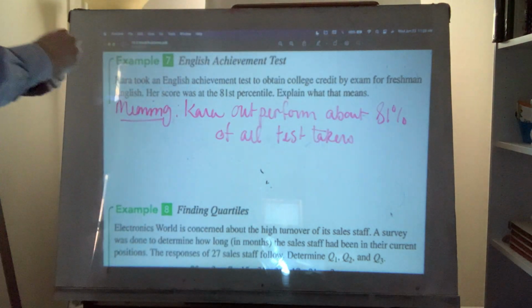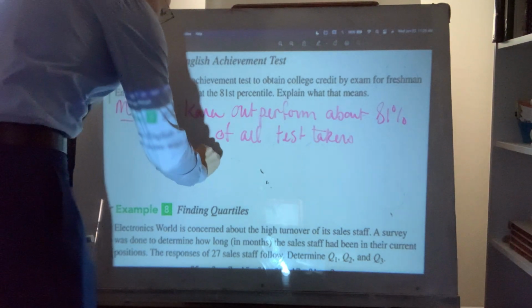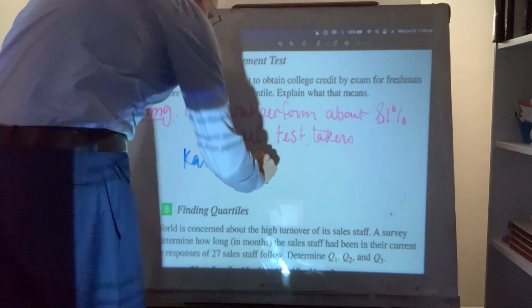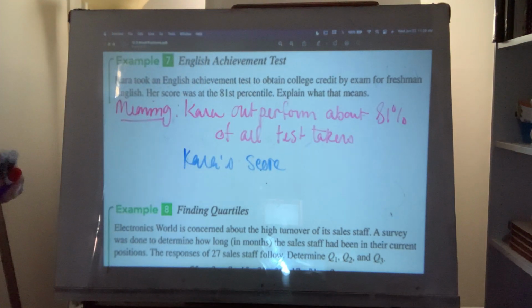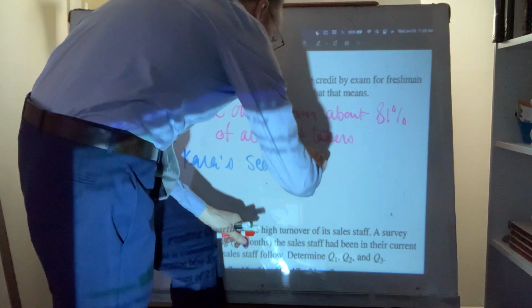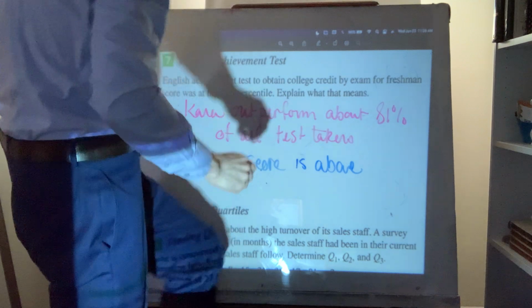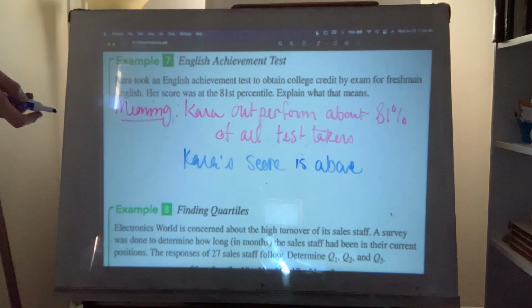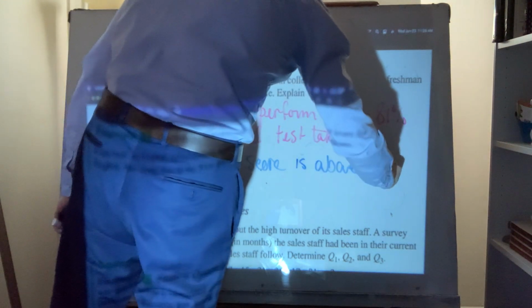Another way of saying that is that Kara's score, in theory, whatever she got correct, would be above 81% of the other people.